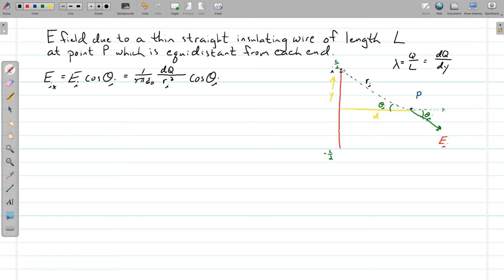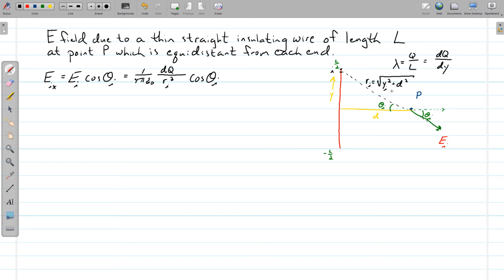If we go back to how far away this is, this distance r sub i is equal to, think of the Pythagorean theorem here, the square root of the y coordinate at that point squared plus d squared. d squared does not change, y does.